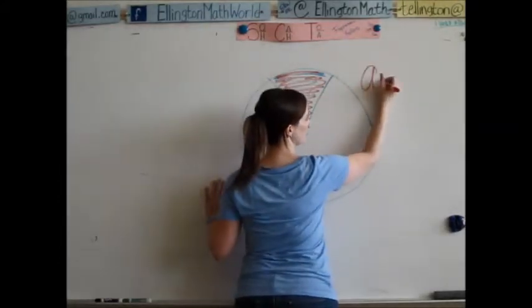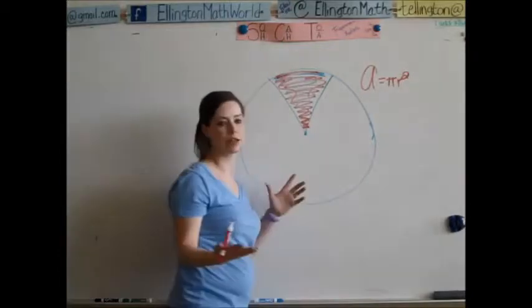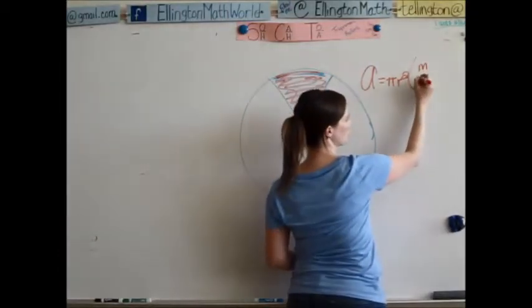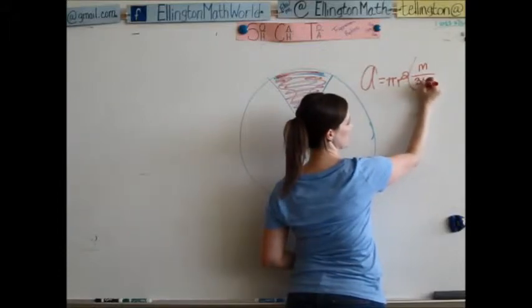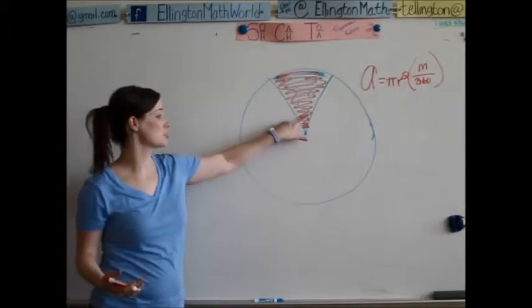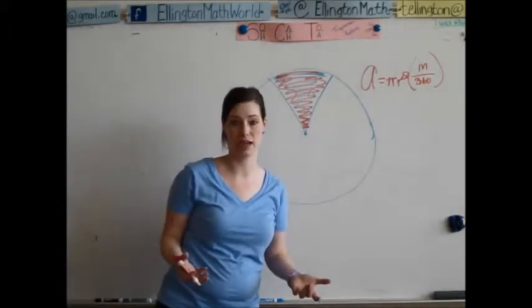Area equals pi r squared, oh my, it's the area of a circle formula, times the measure of your central angle divided by 360. Basically, it's the decimal version of this measure. It's also the percentage if you wanted to look at it that way.